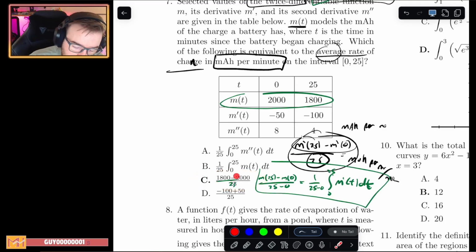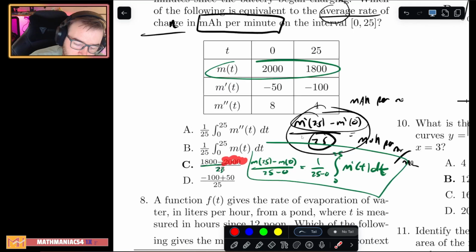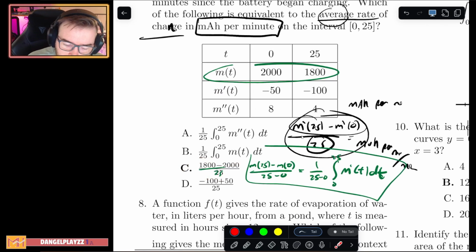This is where the typo was. This was a 2500, by the way. I tossed this question out. But this is the only option that even has the correct units of milliamp hours per minute. These are milliamp hours dividing by 25 minutes that elapsed, milliamp hours per minute.